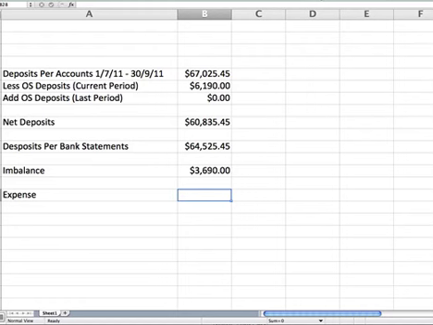Because if the imbalance is 3608.94, and we've already found that the deposit contains an error of 3690, we actually only have an $81.06 error on the expense side. Now, for some of you, as mentioned earlier, that may be enough to stop the processing, but we do have to find the 3690. And in the next chapter, we will look at doing that, which effectively is just a click-off process.